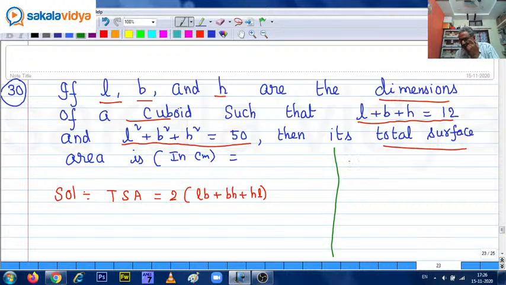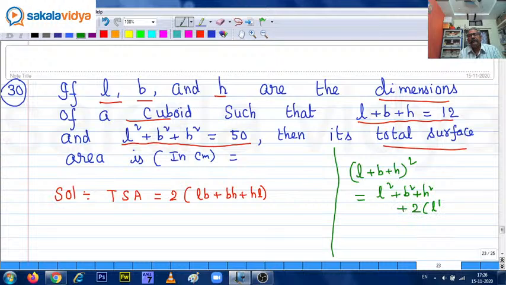L plus B plus H whole square equals L square plus B square plus H square plus 2 times LB plus BH plus HL. So we need this value, which is nothing but total surface area.